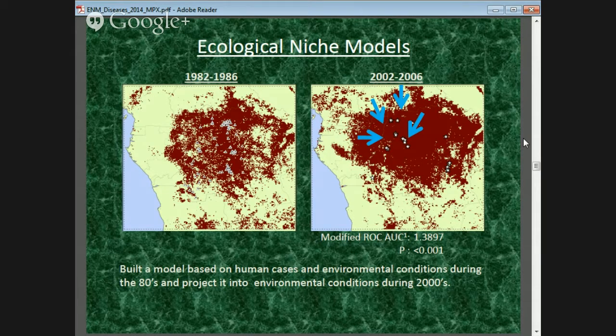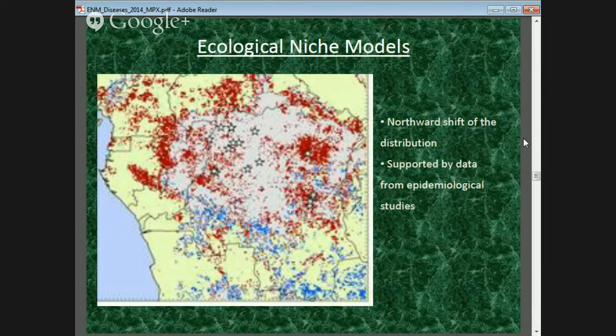So if we compare these two maps, sorry about this picture, it didn't translate very well. The stars are still the cases that were recorded in early 2000. The gray area, or it looks kind of white, is the areas where there was no change in suitability, that they were suitable for transmission of monkeypox in the 1980s, and they are suitable in the 2000s.